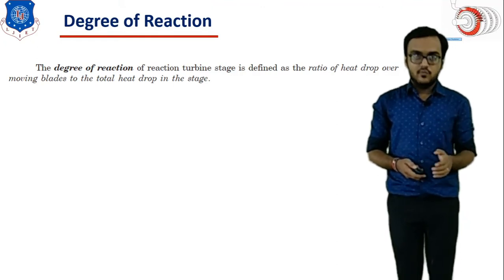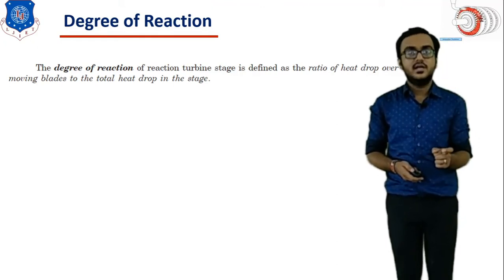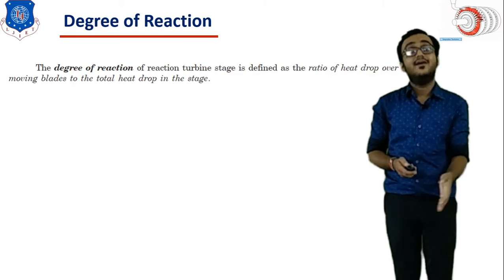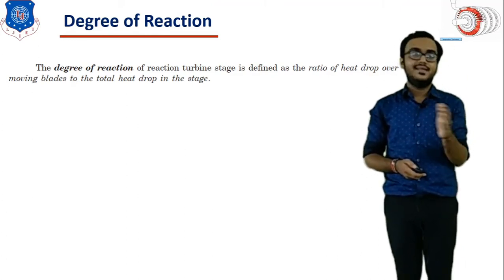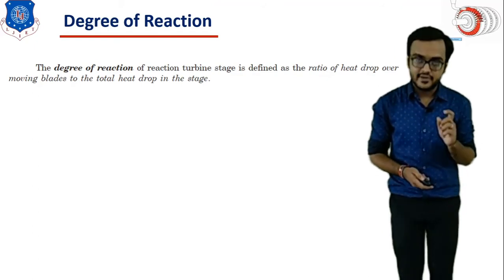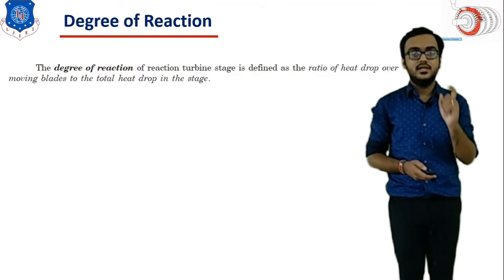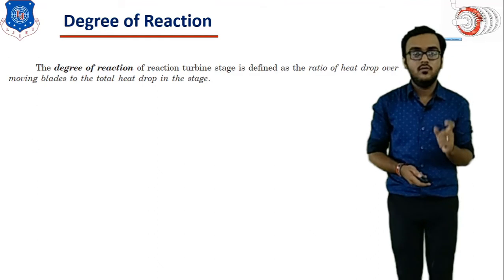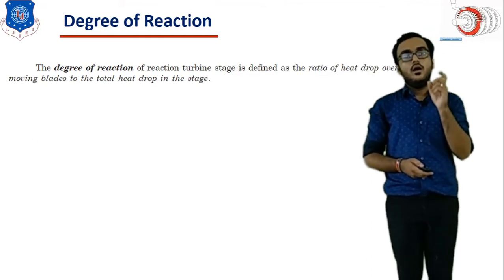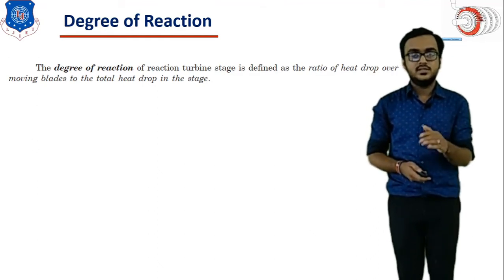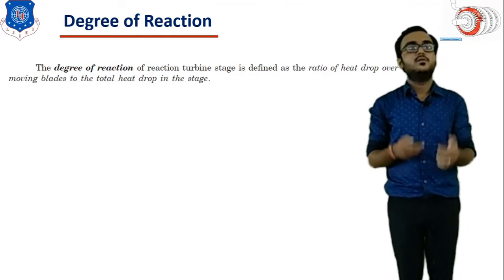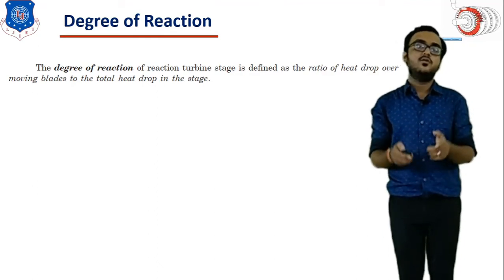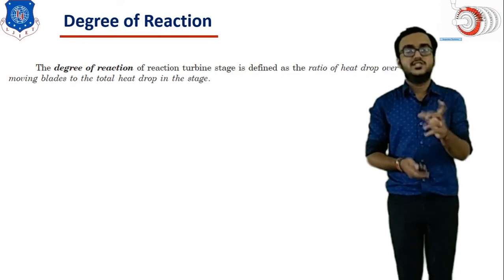We have one set of fixed blades, then one set of moving blades, then again one set of fixed blades, one set of moving blades, likewise. So the degree of reaction is nothing but the ratio of heat drop across the moving blade to the total heat drop.